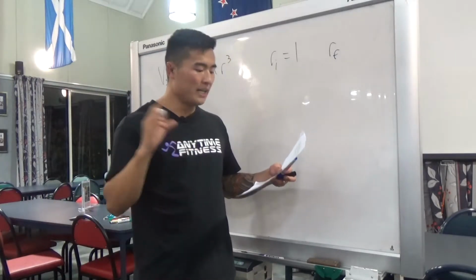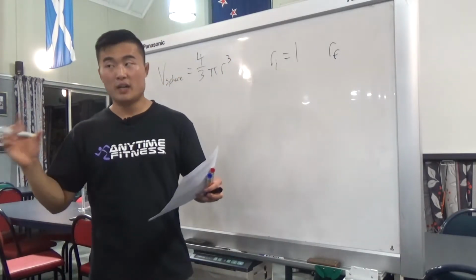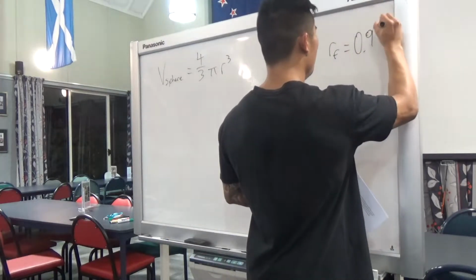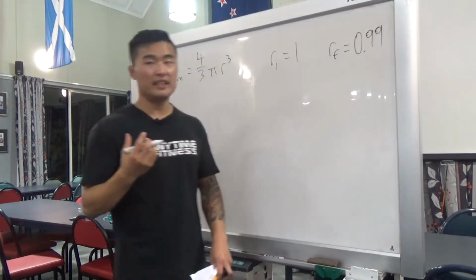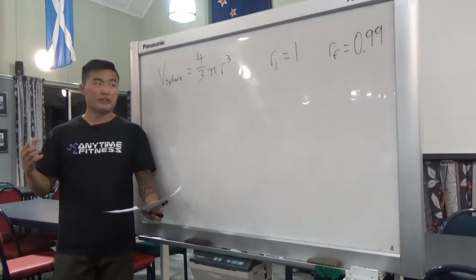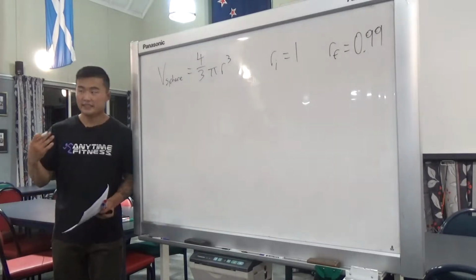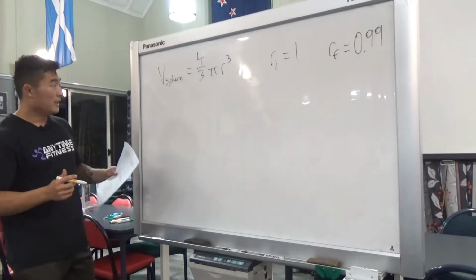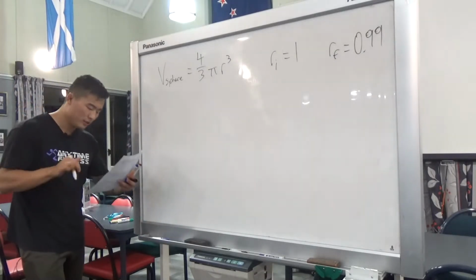So that's going to be 1 minus 0.01, which is 0.99, right? Okay, so everyone with me? So we've reduced the radius by 1%, so our final radius is going to be 0.99.